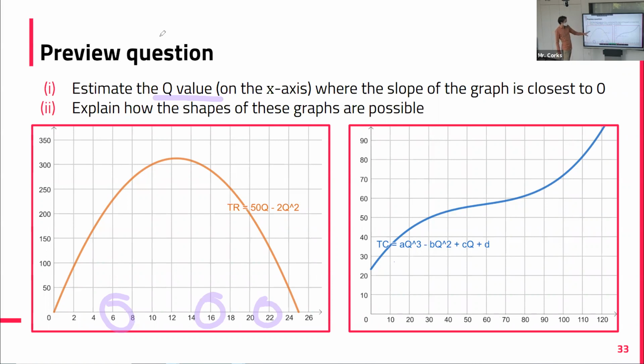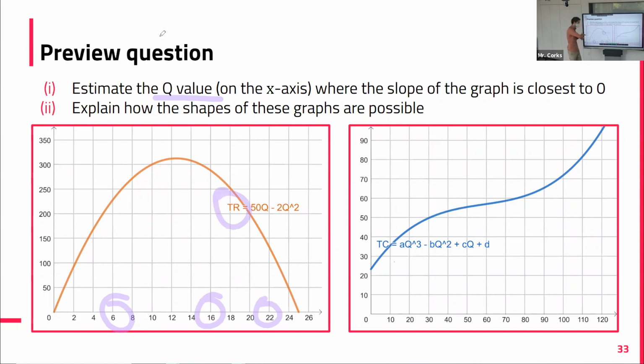Second thing, when we looked at the break-even points, our total revenue, total cost lines were just straight lines, right? They're very simple, but in a real world business case, they're more likely going to be curved like these. So try to explain how, for total revenue, for example, how we would get this curve.